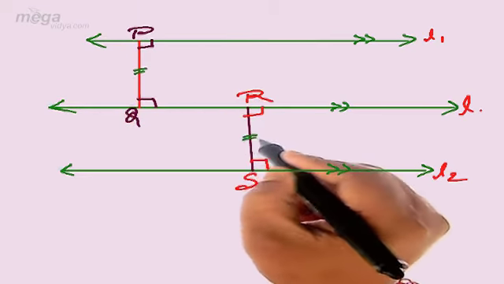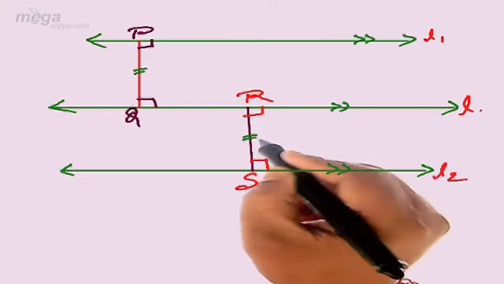Let the equation of the line which is parallel to both lines be 3x plus 4y plus c equal to 0. Now this third line is equidistant from both lines.